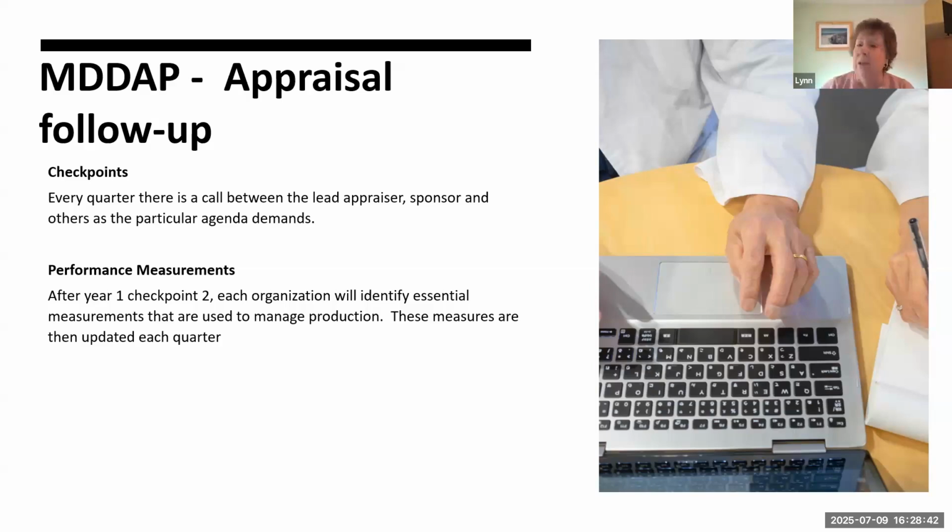And we do keep them in a software tool that ISACA has generated. And the reports that we run from those metrics that we collect are non-attributional. They're just really to look at how the organizations in MDAP are behaving.